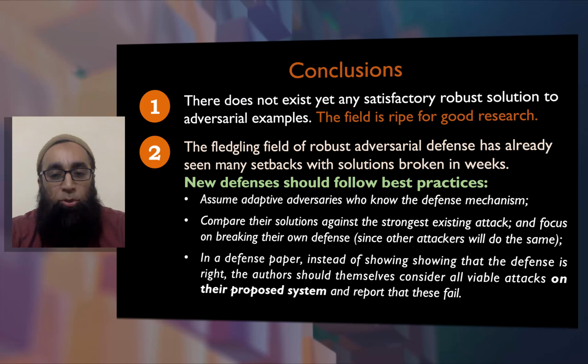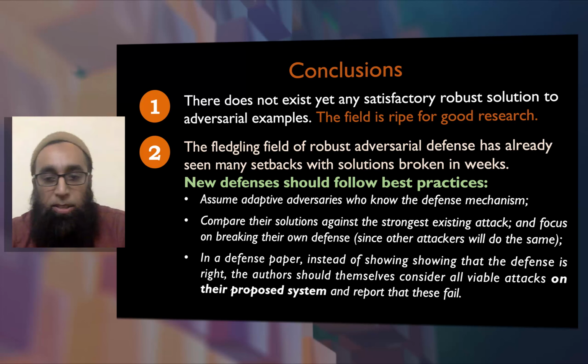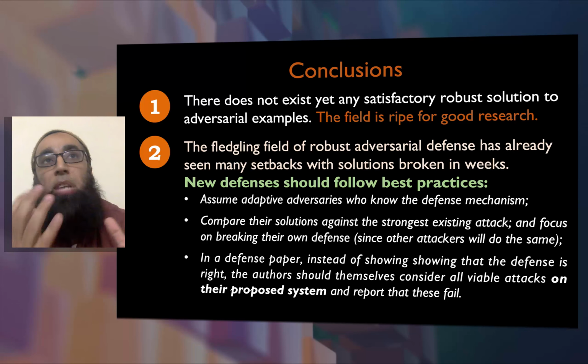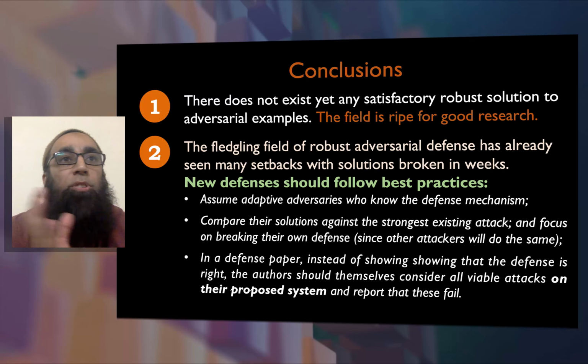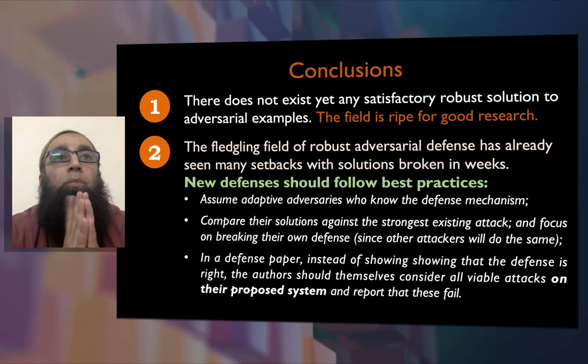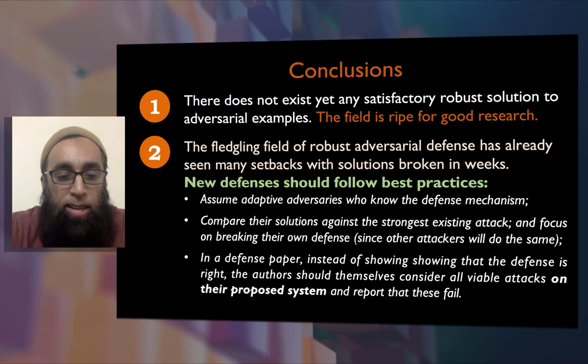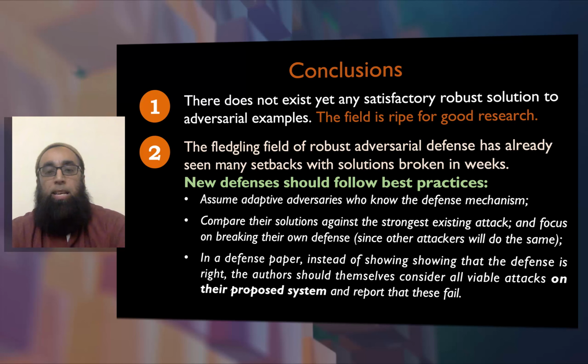You should compare your solutions against the best, strongest existing attacks, and focus on breaking your own defense. For a defense paper, one should assume that the attacker has knowledge of your system. You should not make unrealistic assumptions about the secrecy of your system. And one should consider all viable attacks on their proposed system and report that these fail.